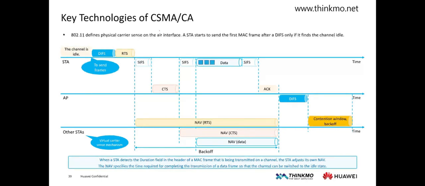When our terminal detects that the channel is idle, it needs to start waiting. What is it waiting for? It's the previously mentioned DIFS, Distributed Interframe Space. Under the condition that the channel is idle, the terminal needs to wait for the maximum interval time, which is the DIFS. After the DIFS waiting is completed, the terminal can send an RTS, request to send frame.